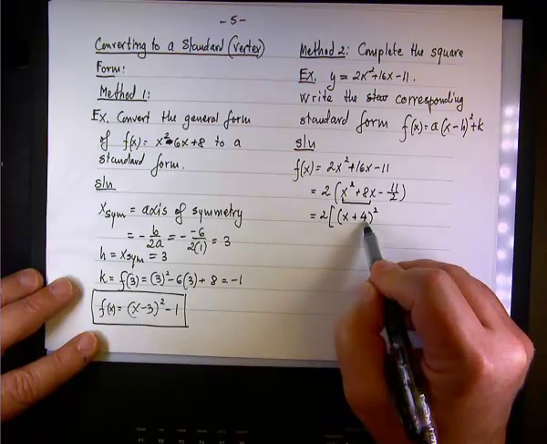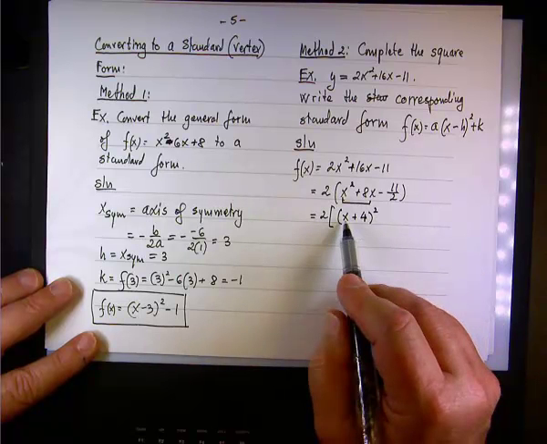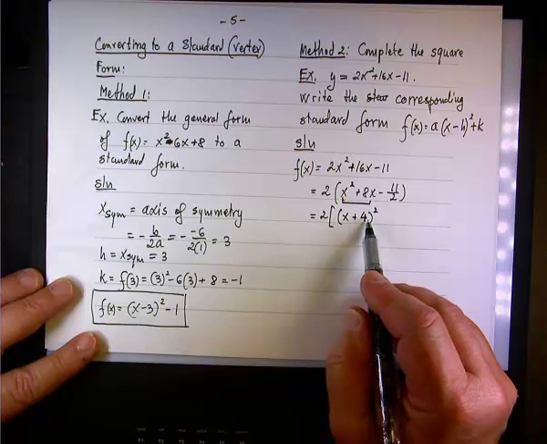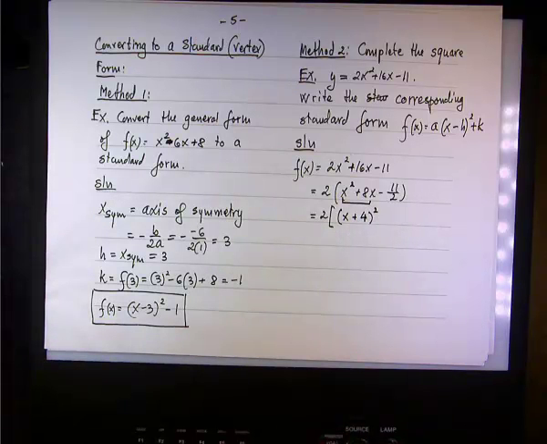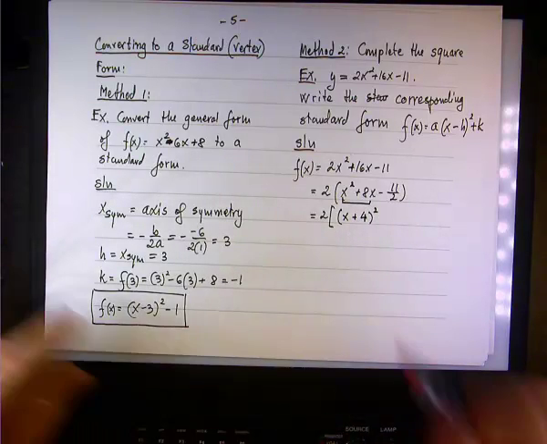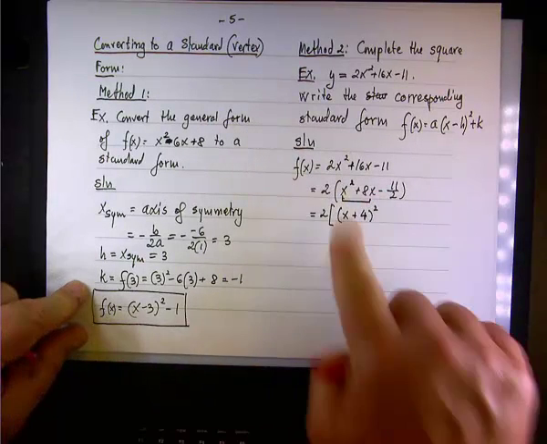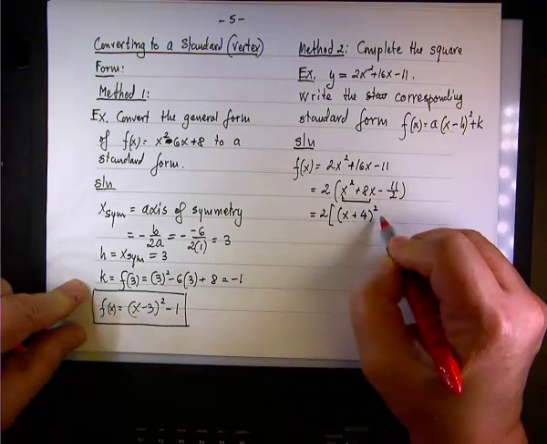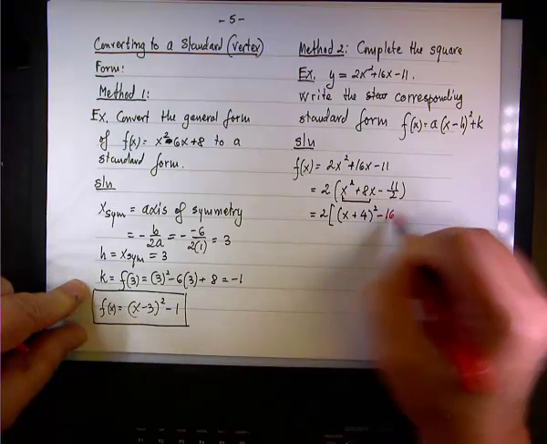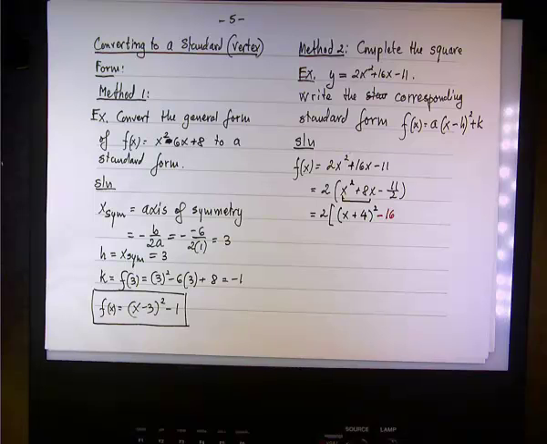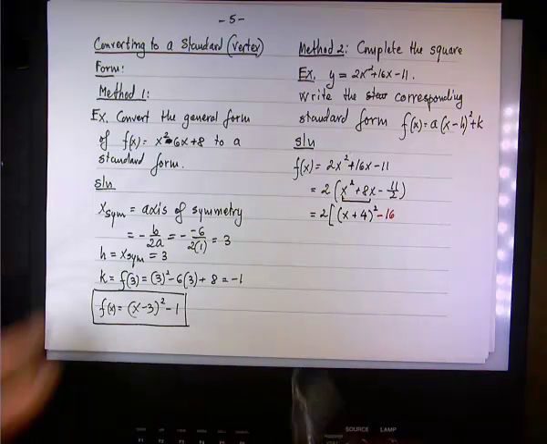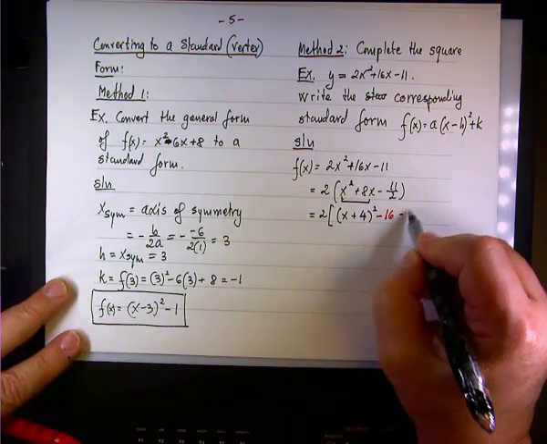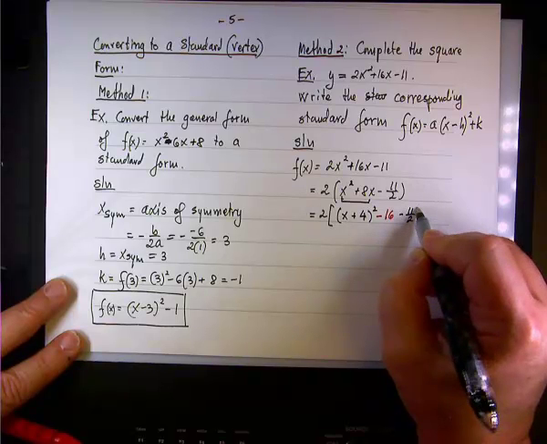Indeed, if you FOIL or clear the parentheses, you have x squared plus 8x plus 16. So we don't have the 16. So in order to keep whatever we have here as equal to x squared plus 8x, we need to subtract this 16, which is extra, which is 4 squared. And then continue by adding 11 over 2.